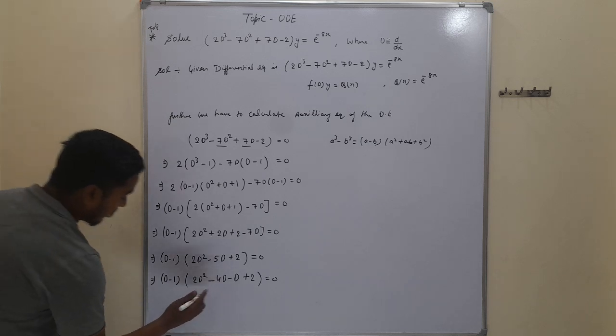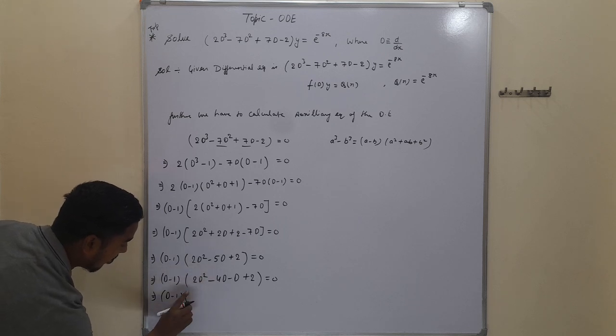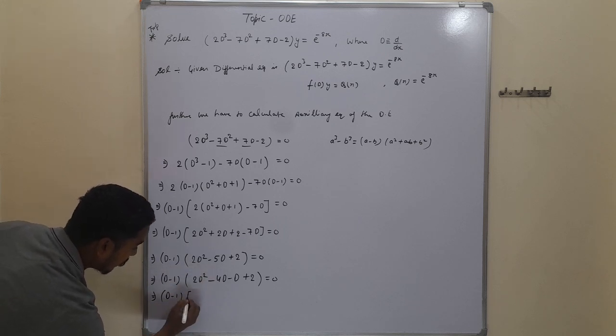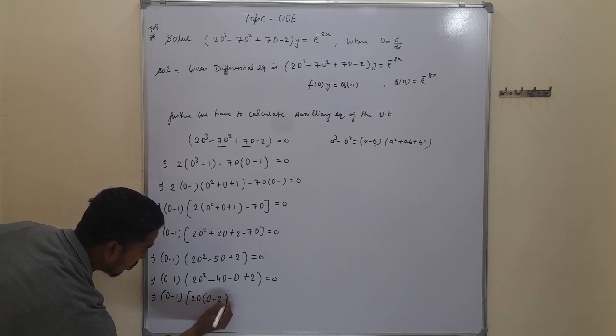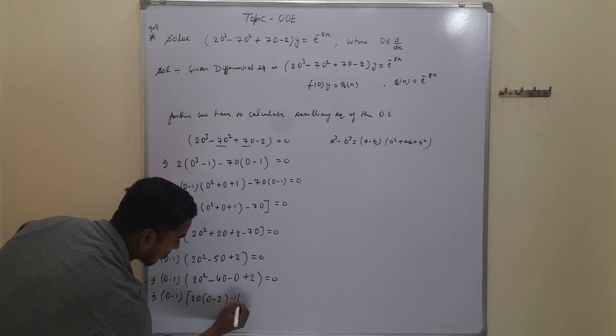Further we can factorize: taking 2D common, this is 2D(D − 2), and from here we take −1 common, this is −1(D − 2) = 0.